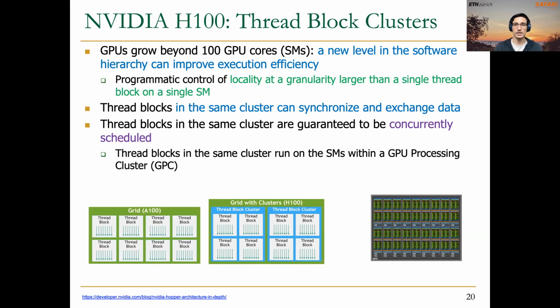At least in this case, by adding this new level in the hierarchy, we are going to have faster and easier communication across thread blocks running on different SMs if they belong to the same GPC. This data sharing and communication is possible with the new SM to SM network that is now implemented inside the GPC.